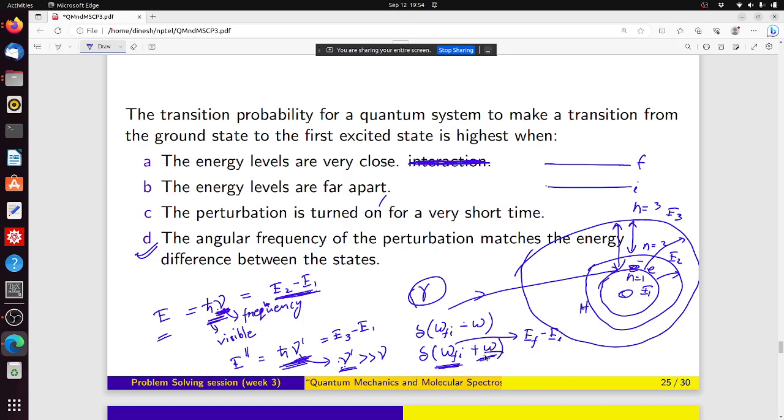So this angular frequency will have to match, either for absorption or for emission. If it is omega equal to omega fi, this is absorption. And if it is minus omega fi, this is emission.